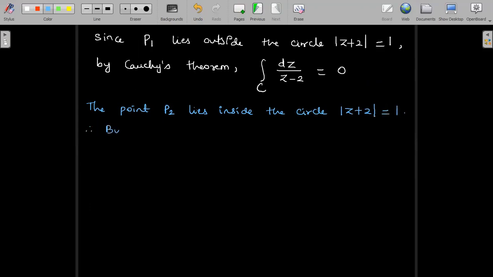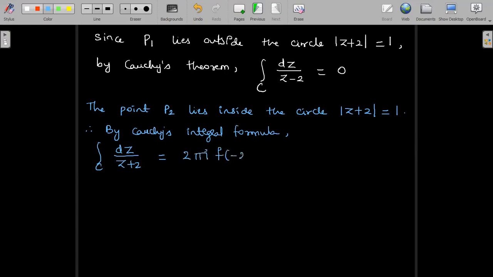Therefore, by Cauchy's integral formula, the integral over C of dz divided by z plus 2 is equal to 2 pi i times f of minus 2.